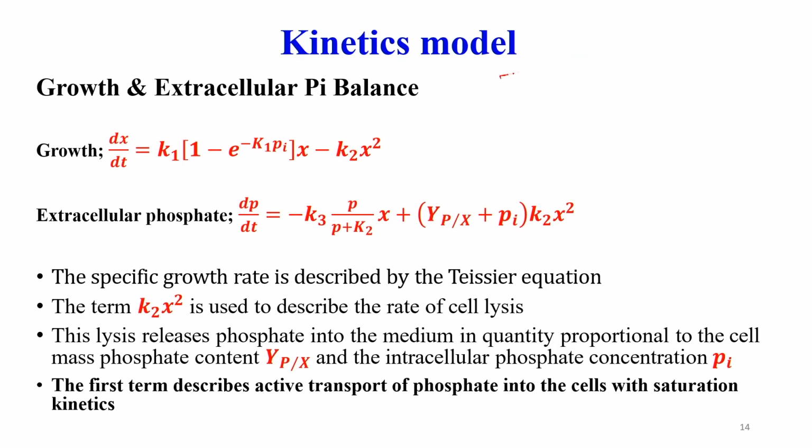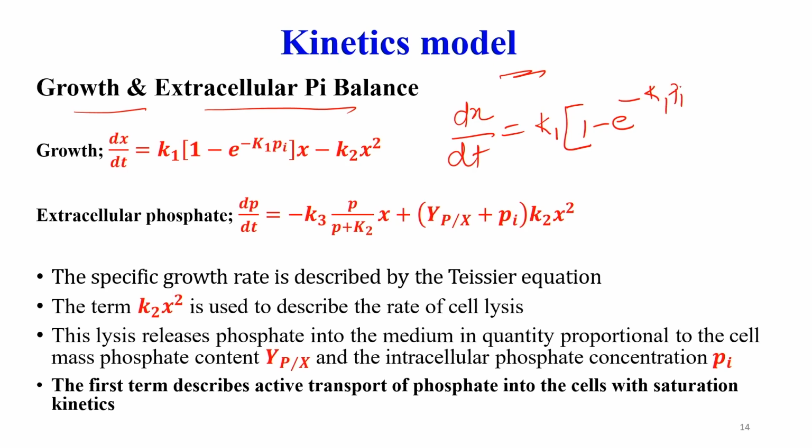So, when we go for the kinetic model, it will be done in 4 steps. First, we are going to see the growth and extracellular phosphate balance. For the growth, we are writing dX/dt equals k1 (1 minus e to the power minus k1 Pi) times X, minus k2 into X square.